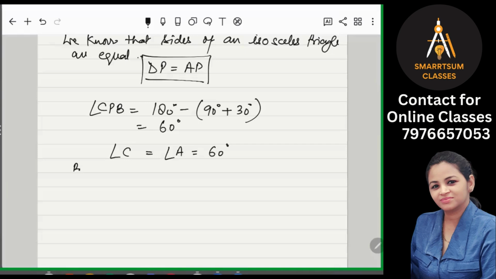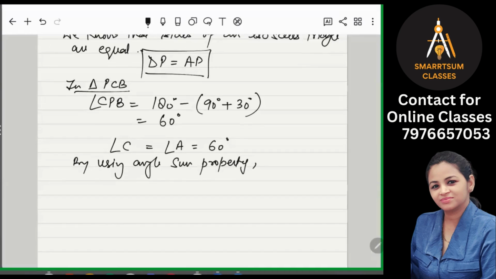Now, by using angle sum property, so just write down, we are talking about in triangle PCB, right?